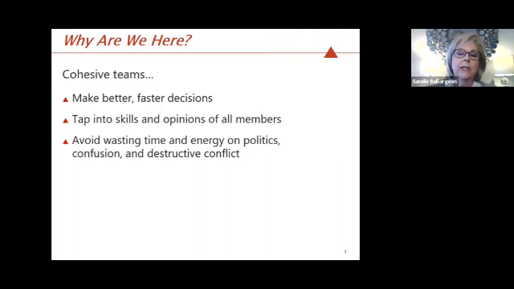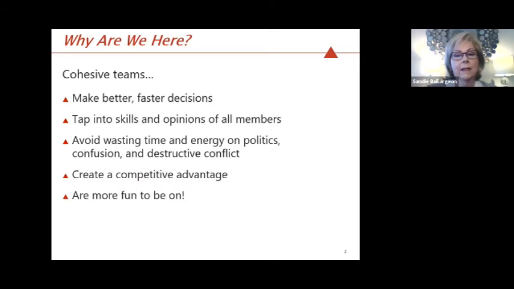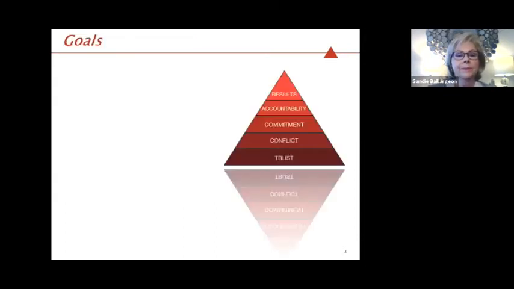But that negative energy can actually be positive energy when we turn it into more positive, constructive criticism. And they create a competitive advantage. In dentistry now, it is a very competitive world out there. And essentially, they're more fun to be on. When you have a team that's having fun and enjoying themselves and trust each other and get along very well, then you'll have a very productive team.